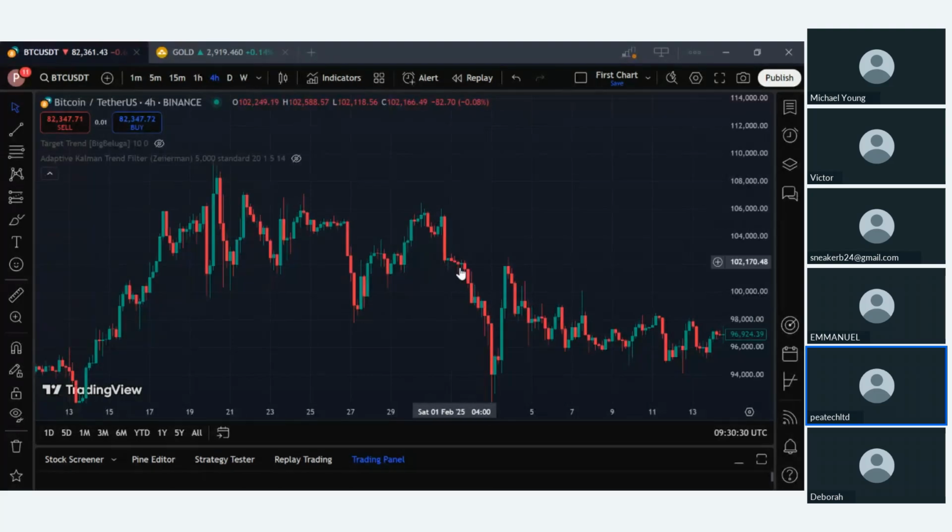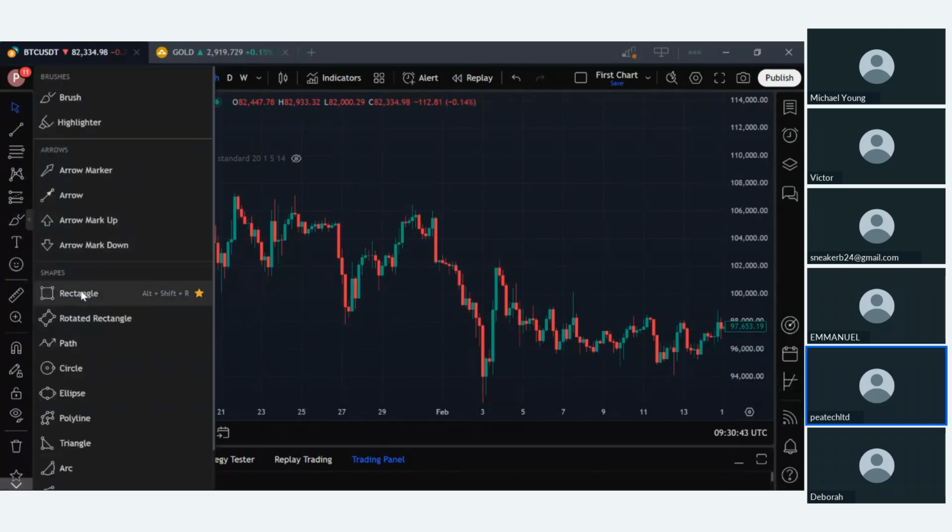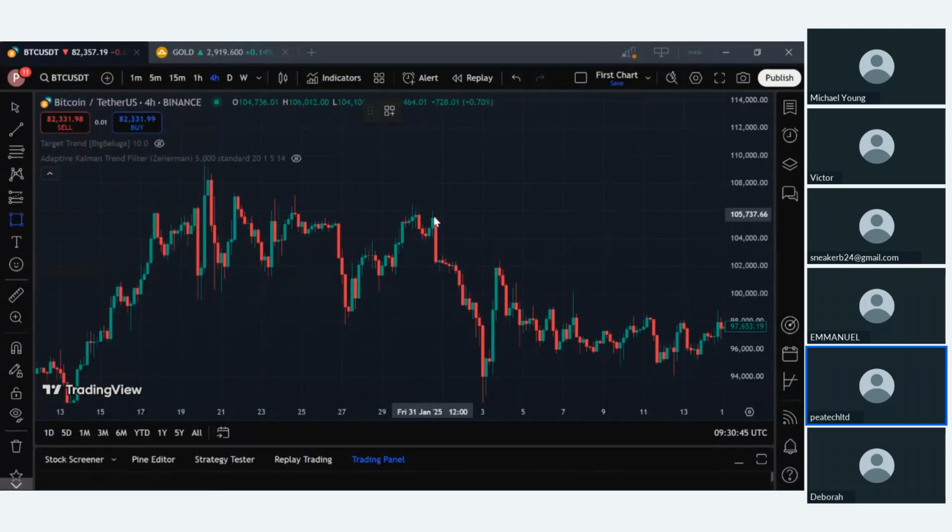This was an impulsive move, but it did not complete. This is a good example. We have 1, 2, 3 impulsive move, right? So let's go ahead. This is the red candle that caused the impulsive move.